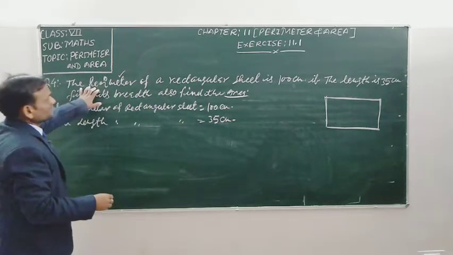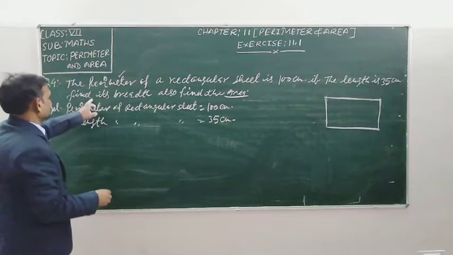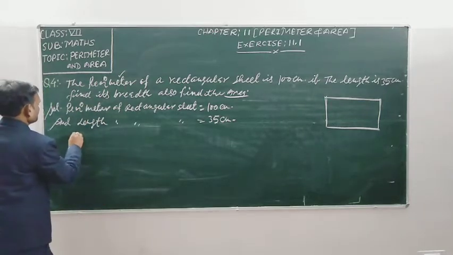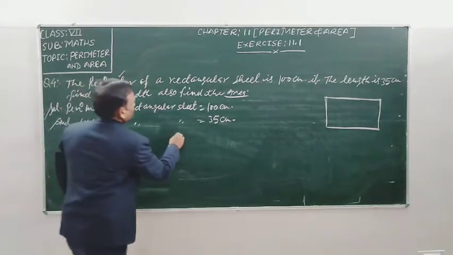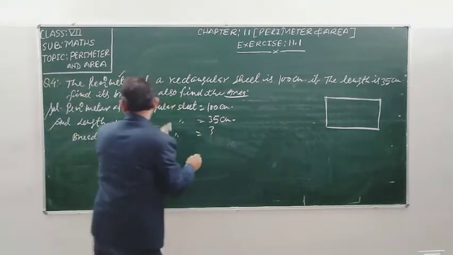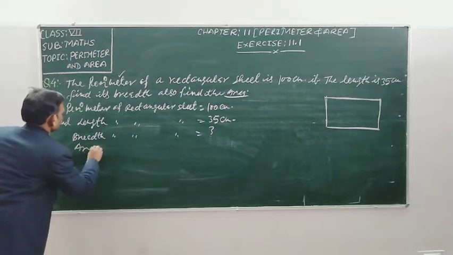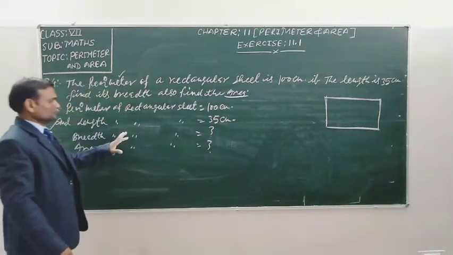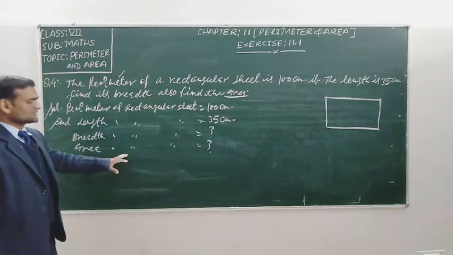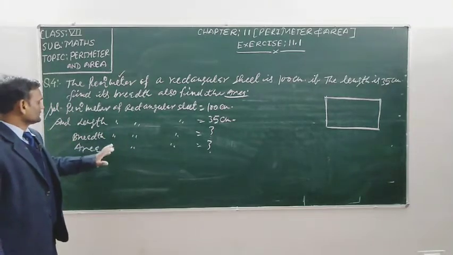Question is asking me the breadth of the rectangular sheet is equal to question mark and area of the rectangular sheet is equal to question mark. Two questions are being asked.